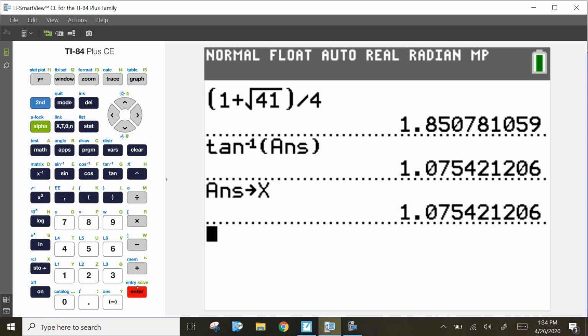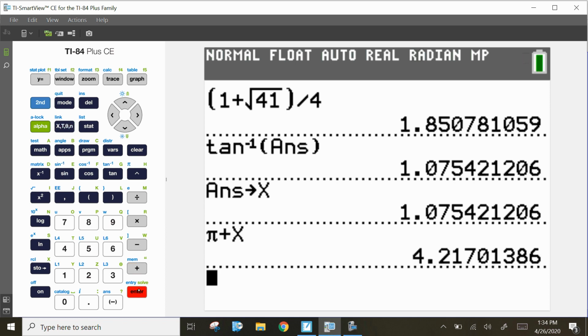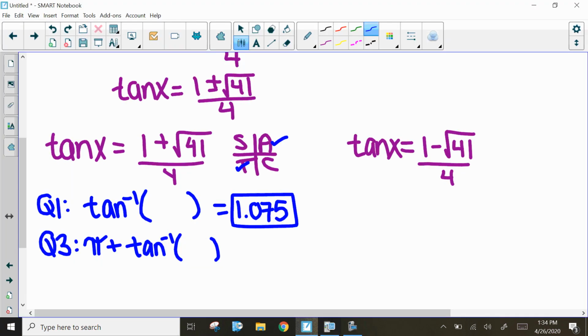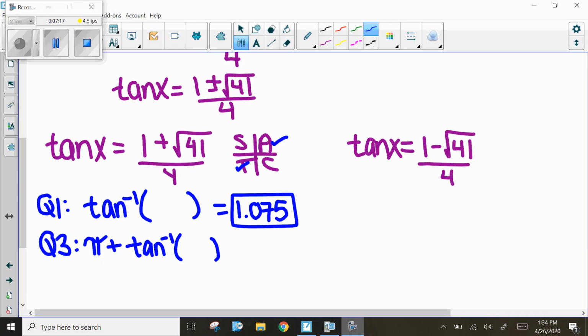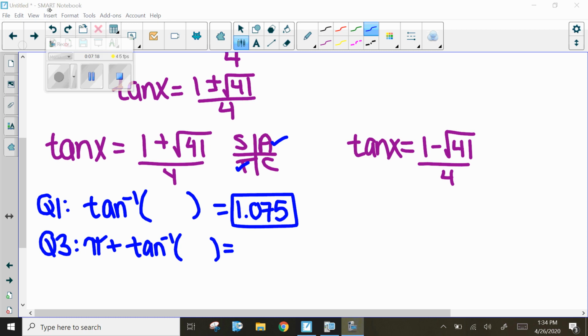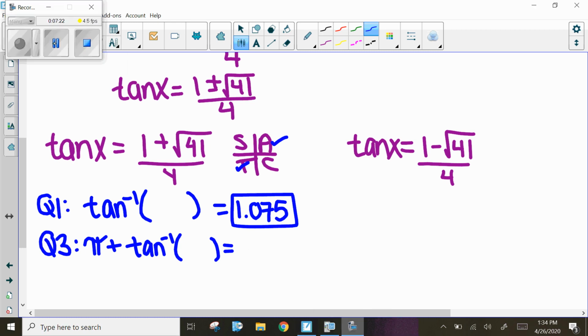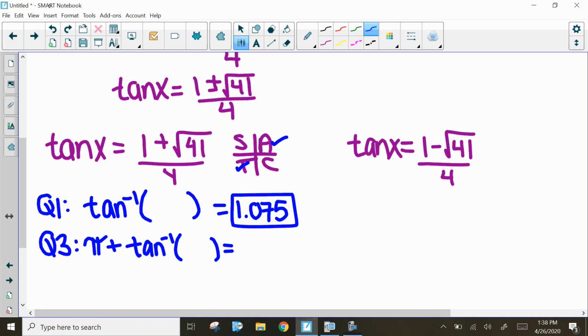So this way, in quadrant 3, I can just do pi plus my stored value of x, 4.217. Okay, 4.217.